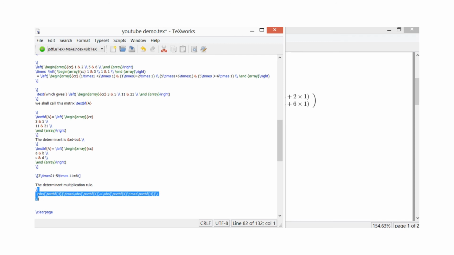So you'll see I've got \abs as in absolute value, open curly braces, and then inside the curly braces I want to put H to be absolute value, and then times absolute value, open curly braces, text bold format, K for the matrices, which equals the absolute value, open curly braces, text bold format of K, times text bold format of H. The times I've already explained to you, so you've seen that before.